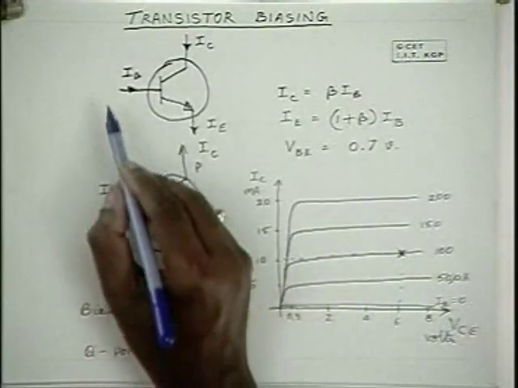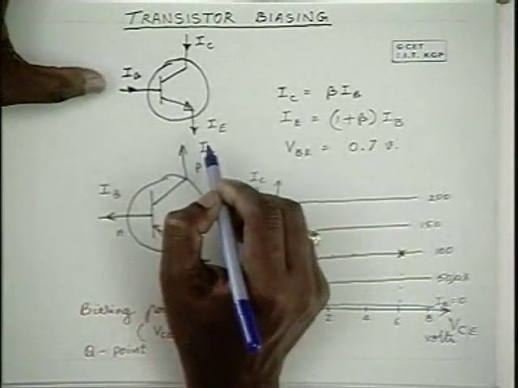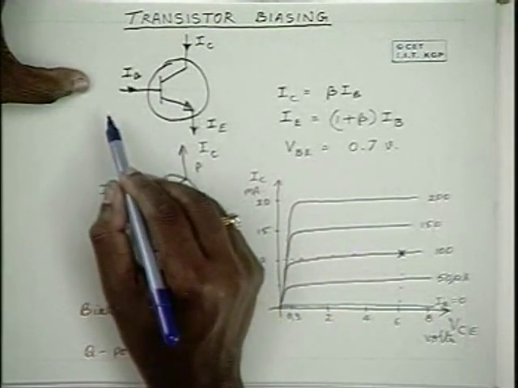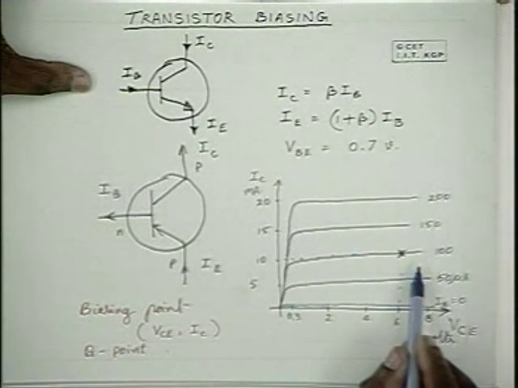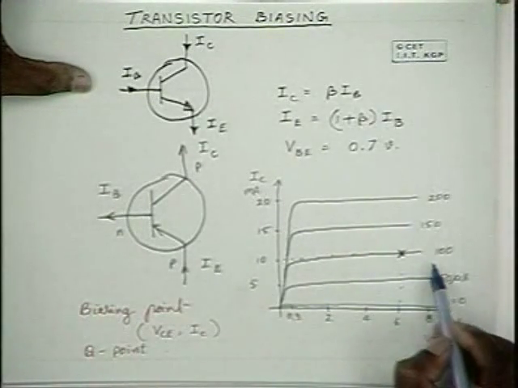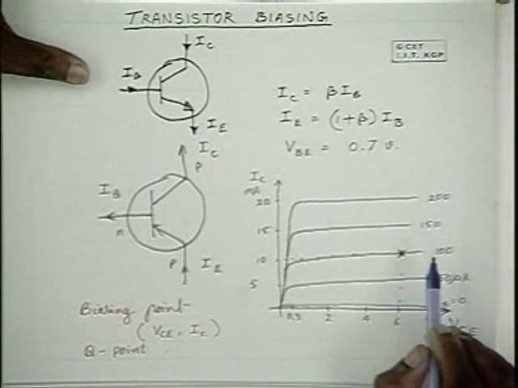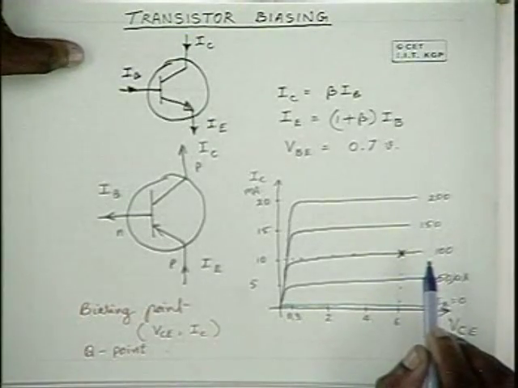When a signal is added between the base and emitter, because of the added AC voltage, if the AC current tries to be more than 100 microamperes, then for the negative swing, the quiescent current plus the alternating component tries to go below 0.